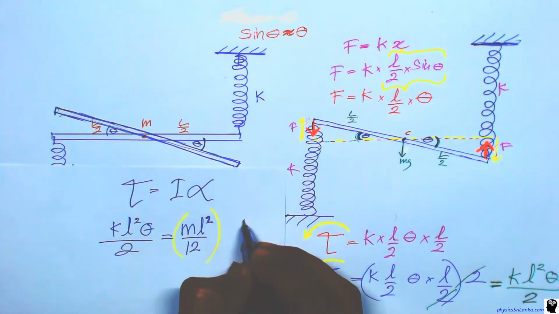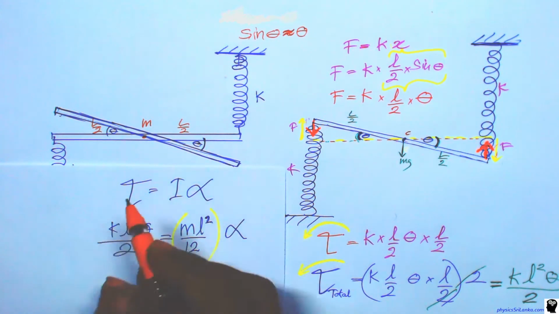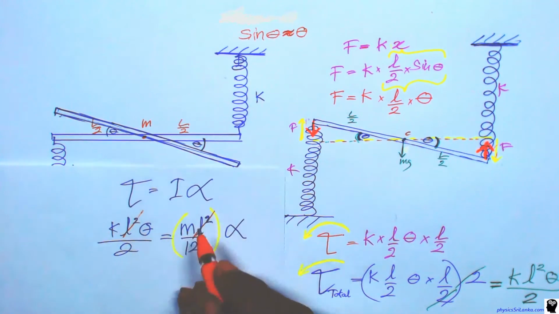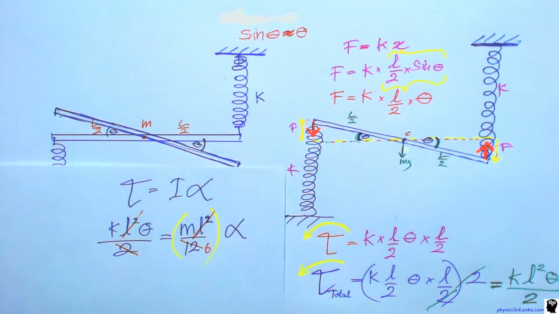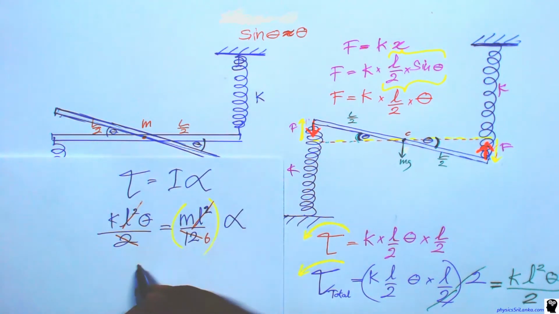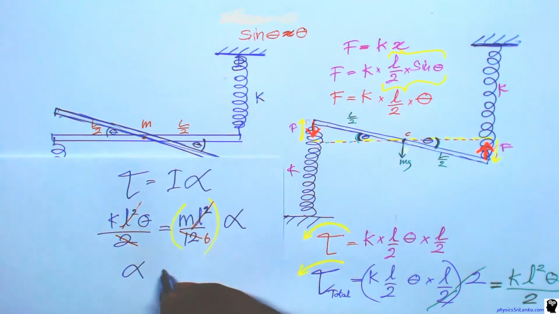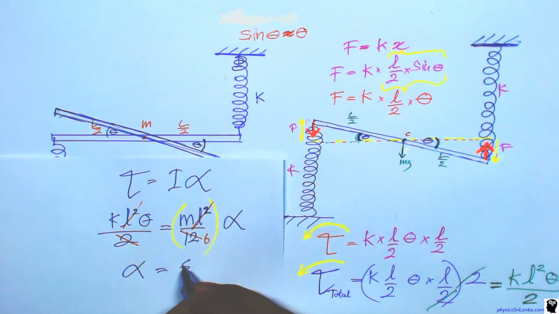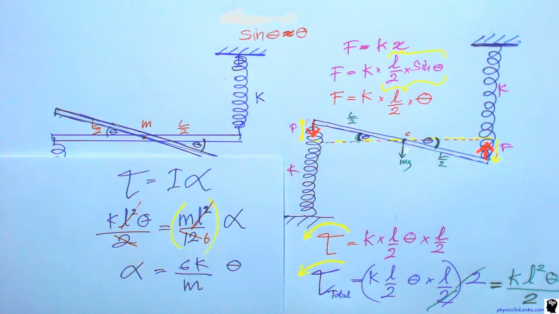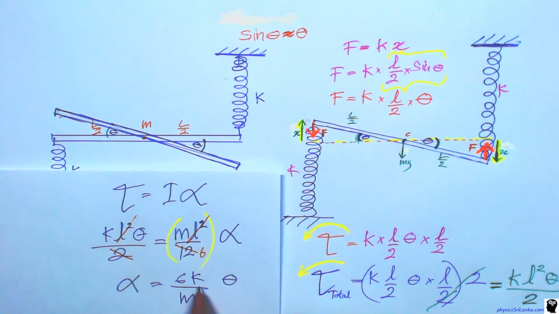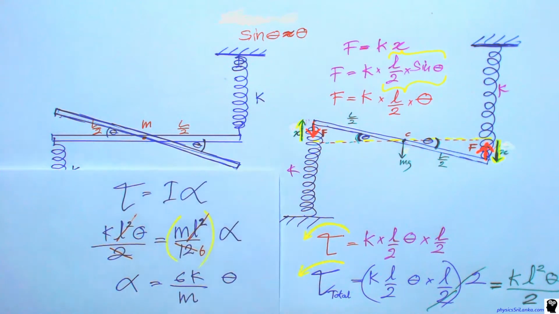Moment of inertia multiplied by alpha. So then cancel this L squared, and the 2 gives 6. Then I can write the angular acceleration alpha equals 6k divided by m theta. Now we have alpha equals 6k upon m into theta.